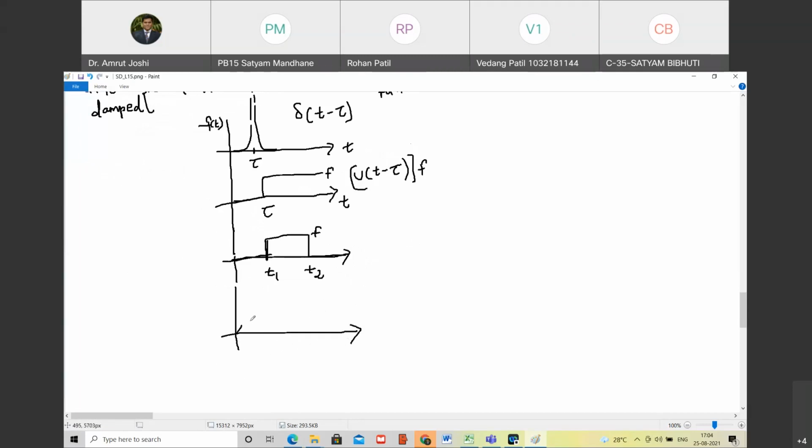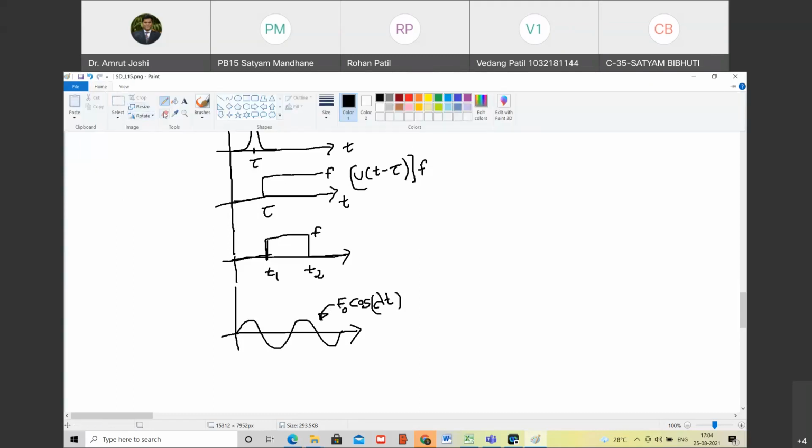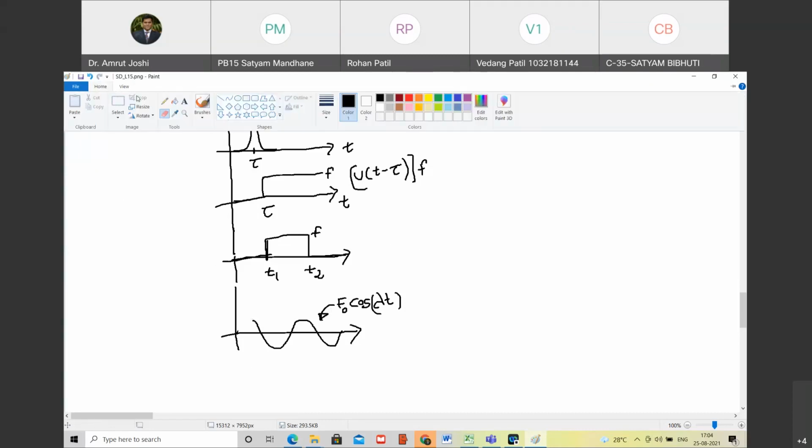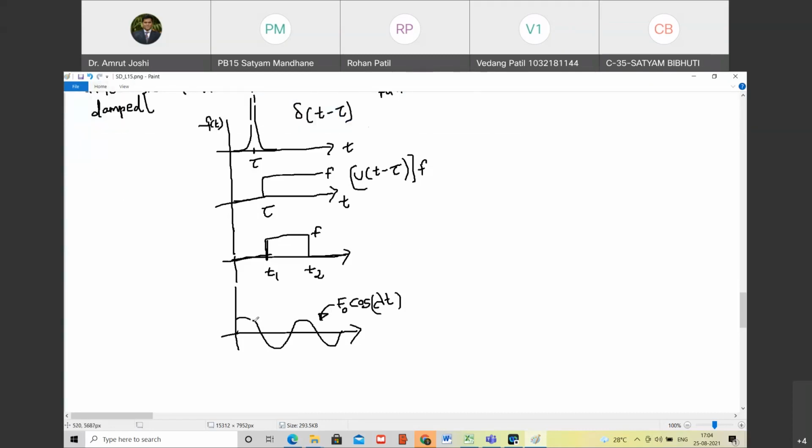And then we dealt with harmonic excitations. So I showed you for f0 cos lambda t. If it is f0 cos lambda t, it should start with f0.